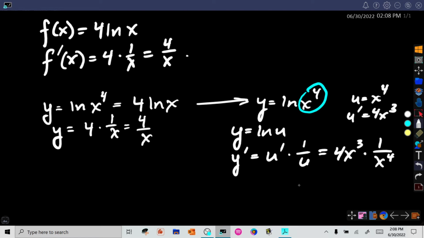And then you can see what happens here. I get 4x to the 3rd over x to the 4th. The 3 cancels with 3 of those x's, and I'm left with a 1. So I'm going to be left with 4 over x. Again, it's way more complicated, and that's kind of the point. I'm trying to illustrate to you how this can become a bit of a nightmare.